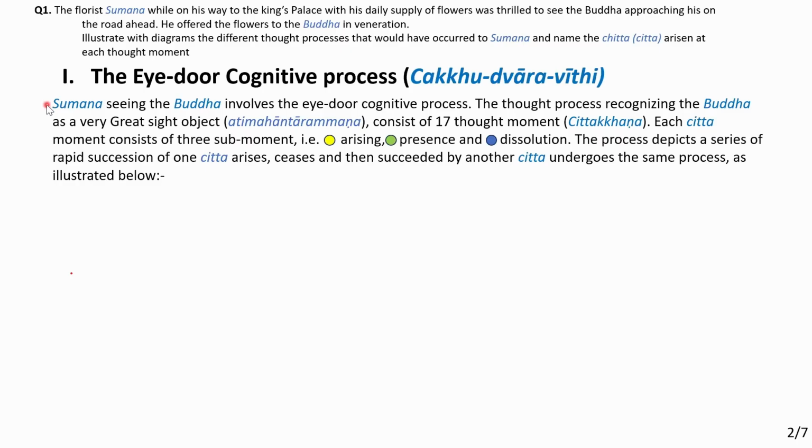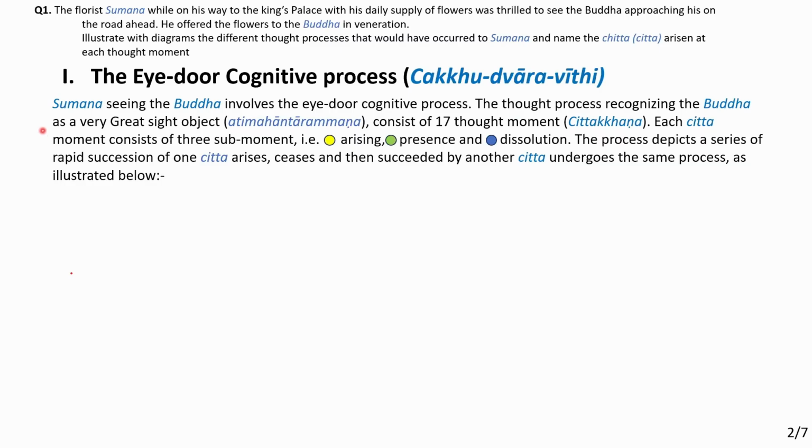The thought process recognizing the Buddha as a very great sight object, Ati Mahantarammana, consists of 17 thought moments, and each chitta moment consists of 3 sub-moments: arising, presence, dissolution.